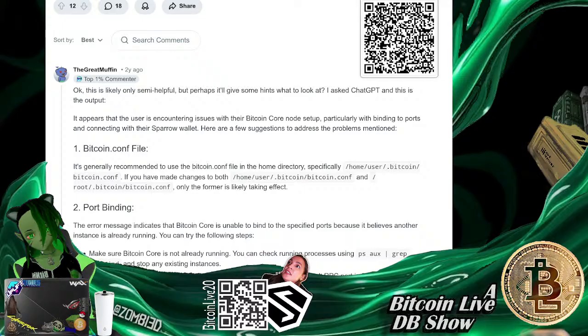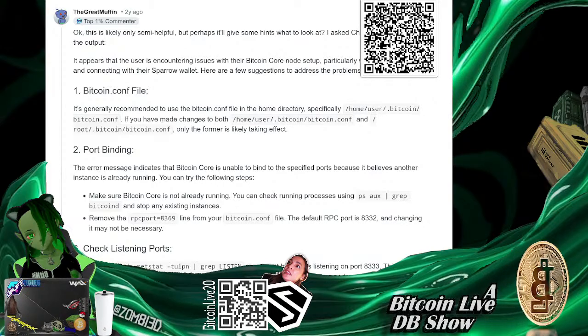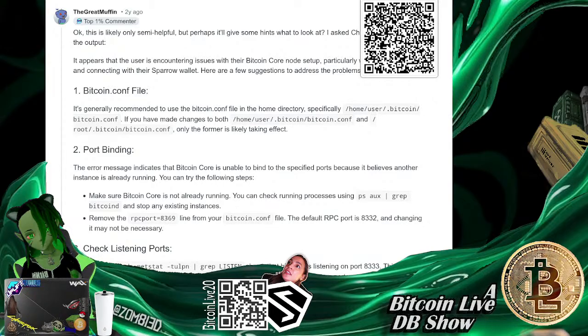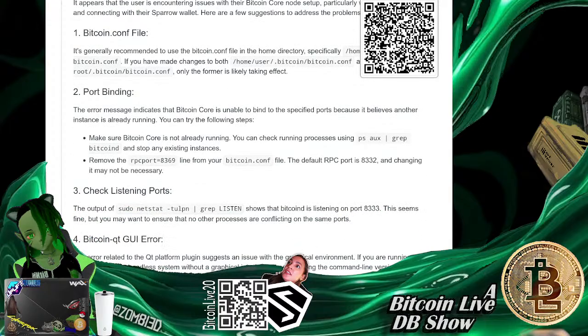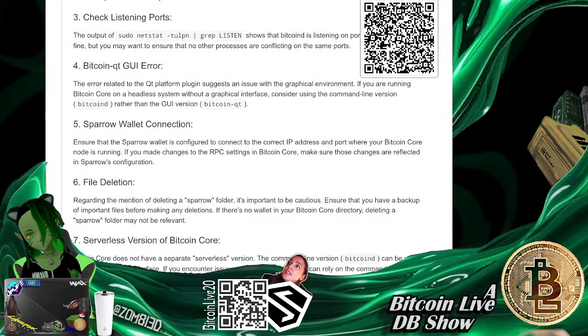Here are a few suggestions. You can direct it to use your Bitcoin conf file, a specific file or whatever. Then it shows you how to port bind and all. Whole lot of work. Okay.